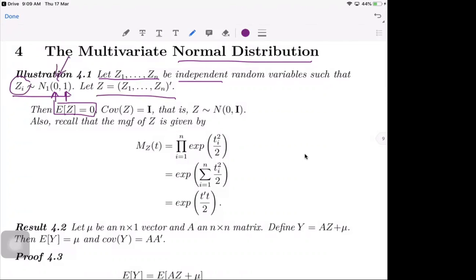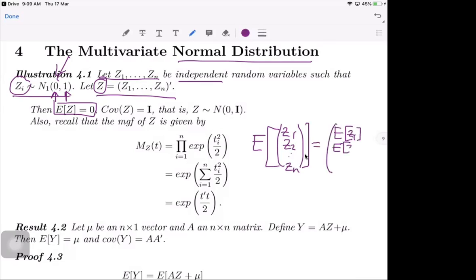If we get the expectation of the vector z1, z2 to zn, it is equal to the vector of its expectations, the expectation of z1, z2, to the expectation of zn, but each of them is 0.